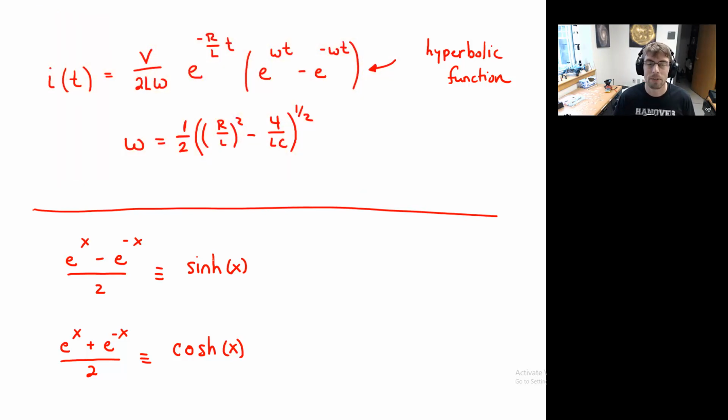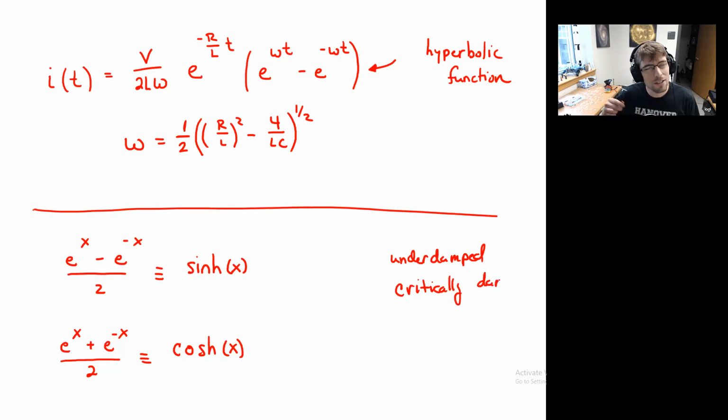Okay. So I think that's plenty for right now. Go ahead and think about how the approach changes if you did an underdamped solution, or if you did a critically damped solution.